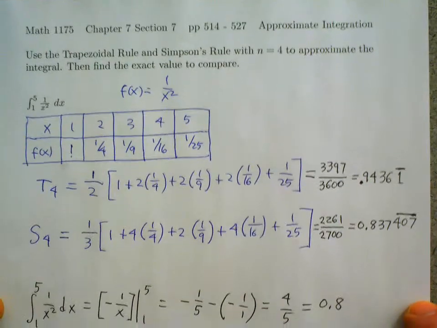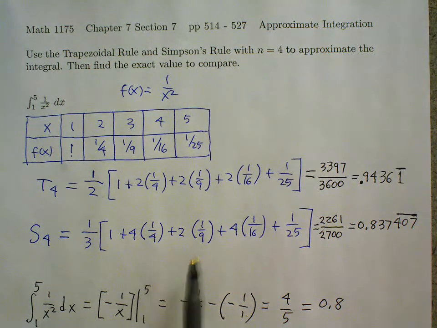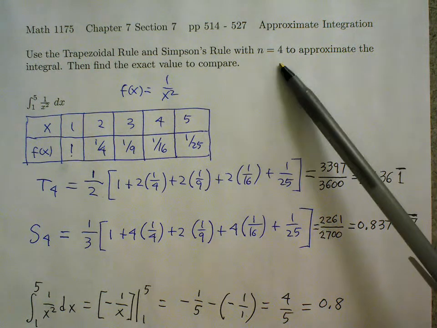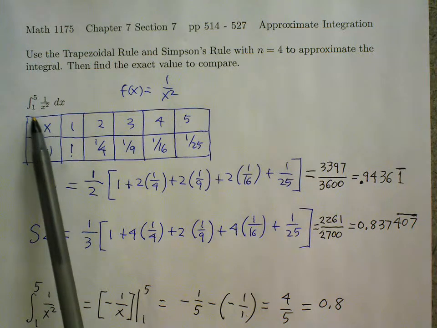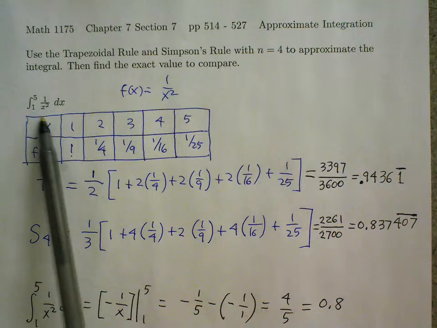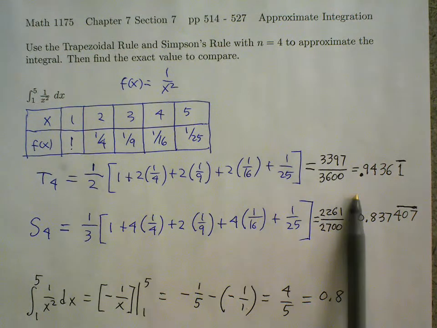On Wednesday, we applied the trapezoidal rule and Simpson's rule with n equals 4 to approximate this definite integral of 1 over x squared dx from 1 to 5. And I did the arithmetic.